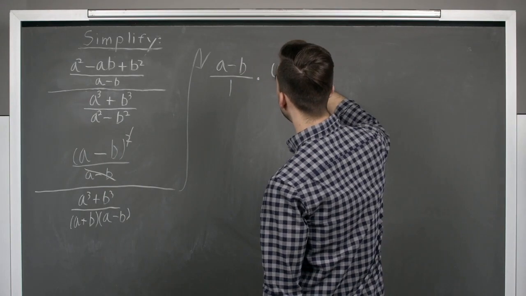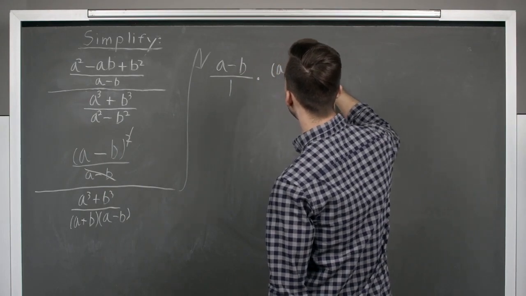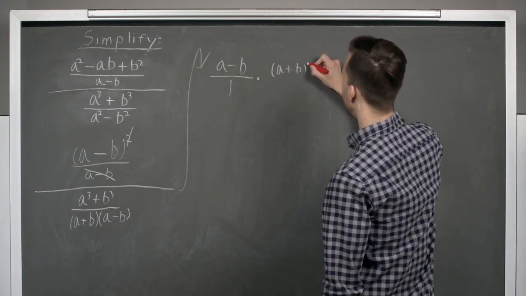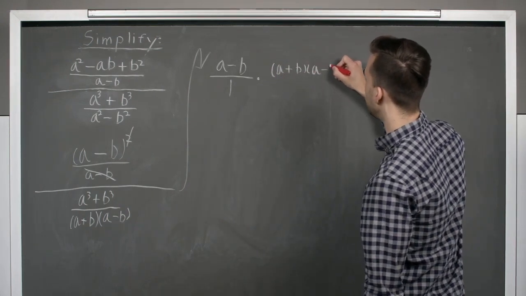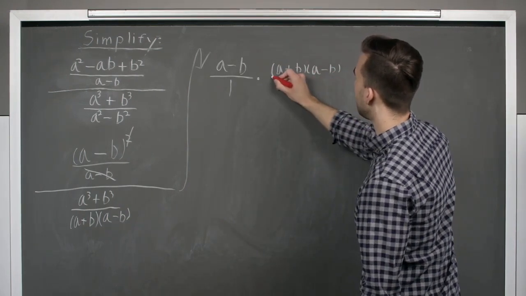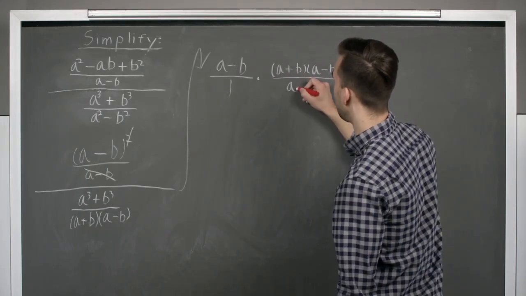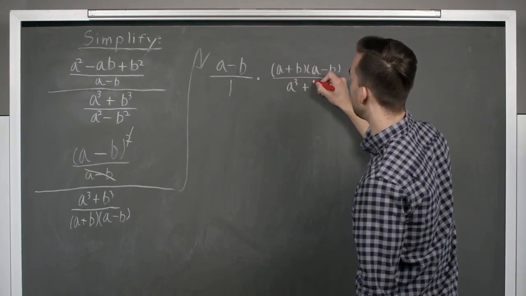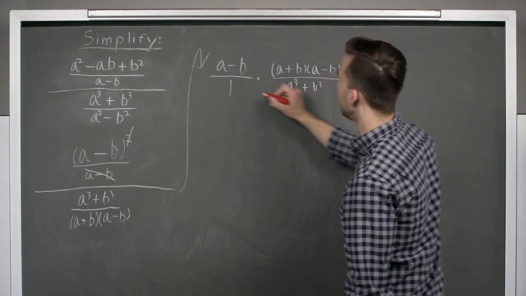So we have a plus b, a minus b over a cubed plus b cubed.